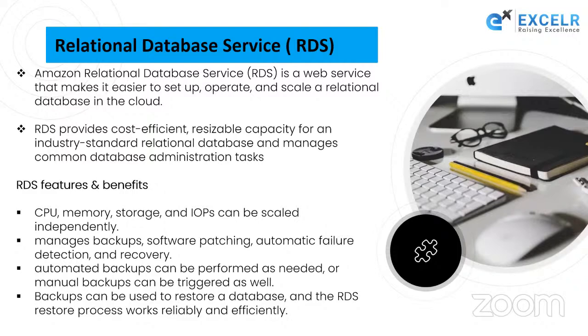With RDS, we also have an offering of a multi-AZ database. We will see that in a later slide, which will help you have automatic failure detection as well as recovery from it. Automated backups can be set up whenever needed, and along with that, you can also have a manual backup. We will see all these things when we go and configure our database, and I will explain in more detail what we are talking about.